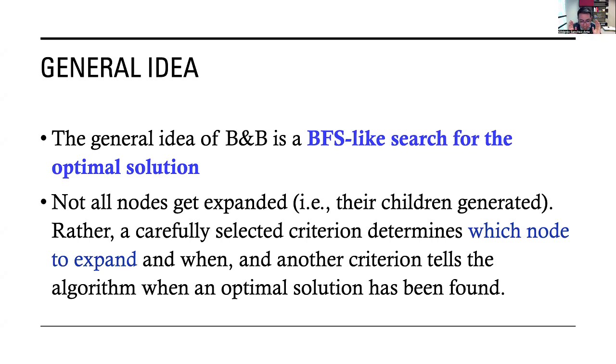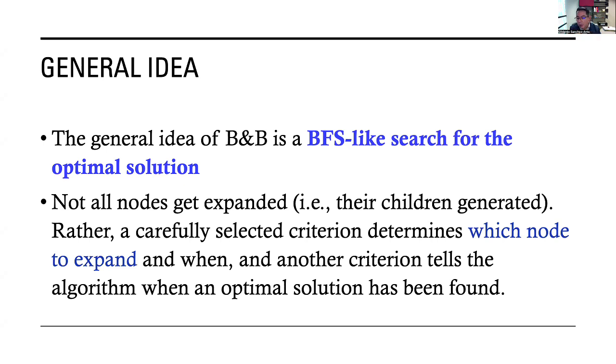Also, we may remember that not all of the nodes are going to be expanded, meaning not all of their children are going to be generated. Because what we are going to do is to use a criterion that we will design carefully so that it will guide us on which node we are going to expand.